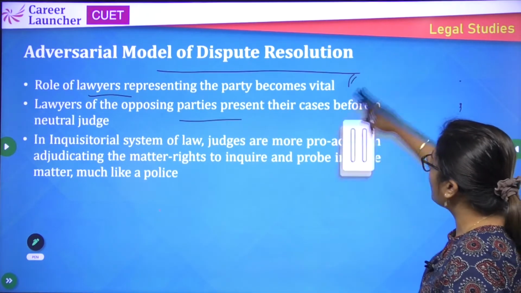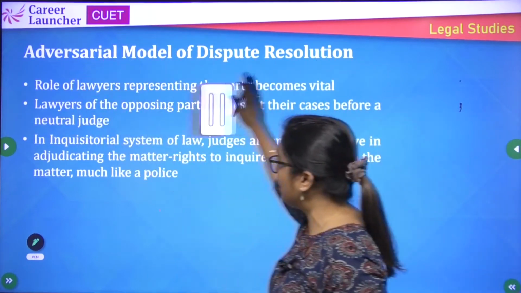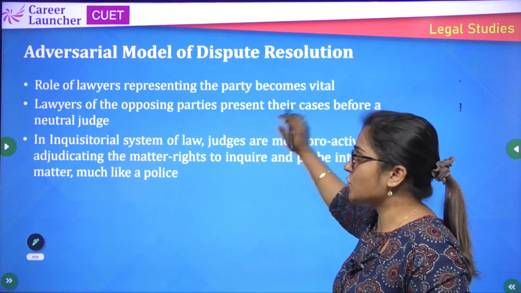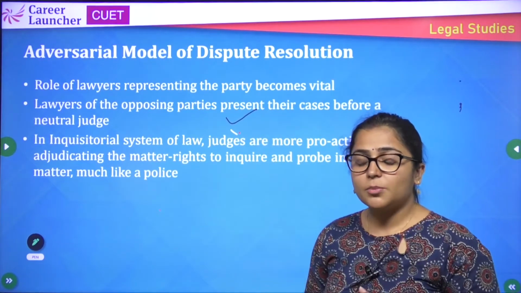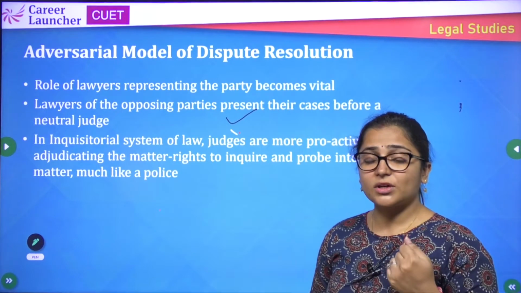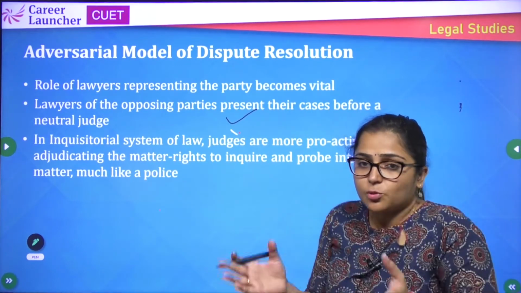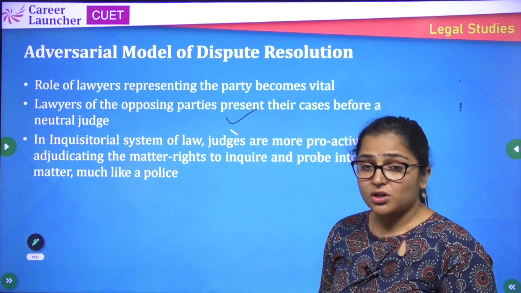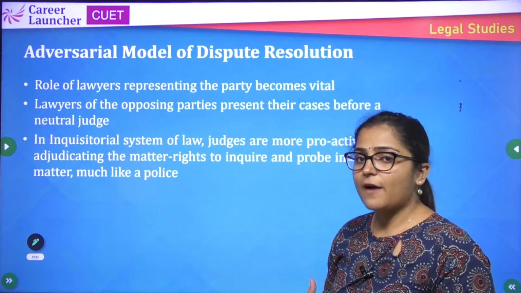But when we talk about bias, it cannot be there in inquisitorial also, but here the role of the judge is not that direct. They don't get involved in the process of selecting the facts. They don't get involved in finding out the evidence, or how the proving is being done, or how the police is working. They don't get involved in all these things unless you bring a fact to the court.